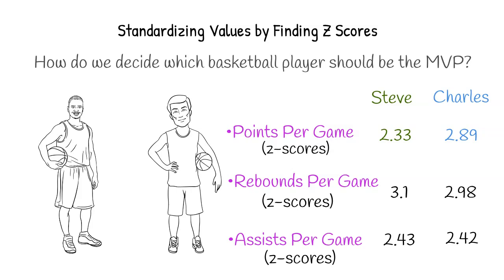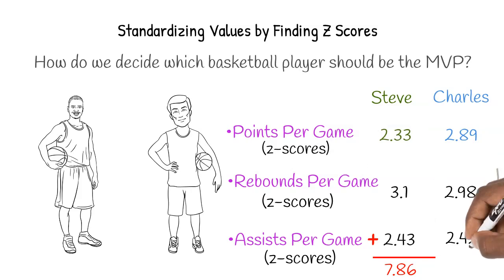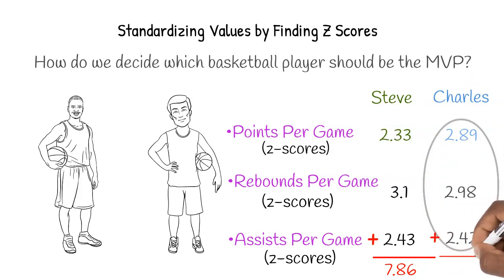Since the values are standardized, we can add them up to get a measure of Steve's overall performance. Steve's combined z-score is 7.86. We do the same for Charles, finding that his combined z-score is 8.29. Since Charles has the higher combined z-score, he performed better overall, so he would be my vote for the MVP.